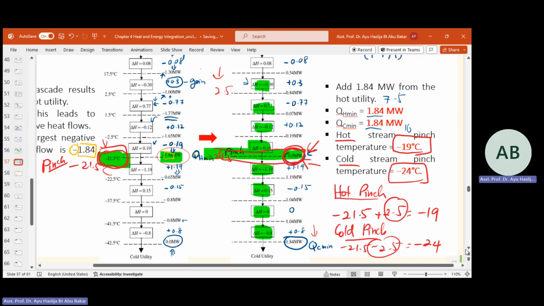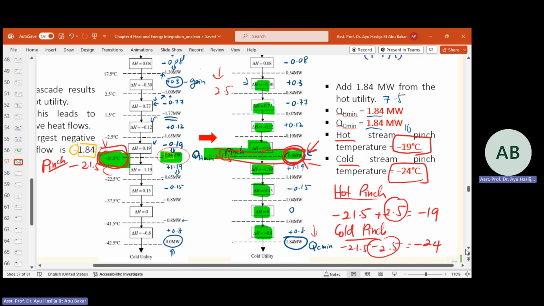Now let's say from the composite curve, you can identify QH min, QC min, and Q recovery, right? From the heat cascade, how can you determine the Q recovery? Heat cascade, you have QH min, QC min. How can you identify the Q recovery?